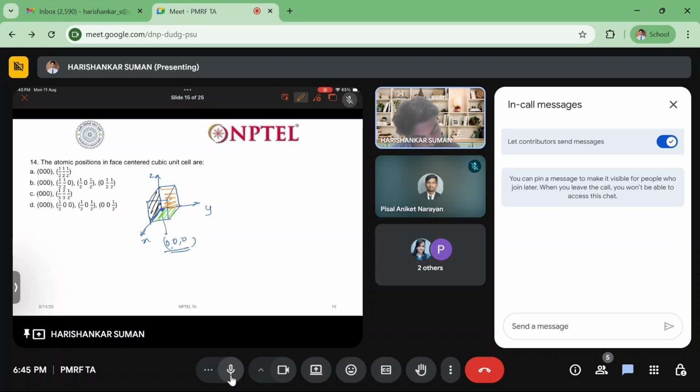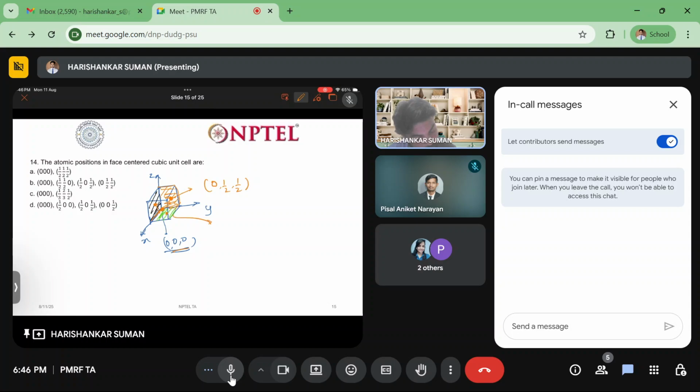So the position of the centered atom on the cube is, what is the position? For this corner 0, 0, 0, the rest of 3, let me write down. On the Z and Y axis, this plane, X will be 0, Y has half, Z also has half.